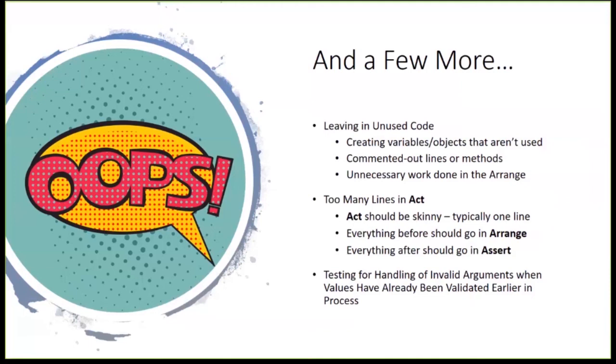All right. Testing for handling of invalid arguments when values have already been validated earlier in the process. Y'all remember programming with intent? One of his big things there is you validate the code coming into the system. You absolutely do that. Then, through the rest of the system, you assume it's validated, right?